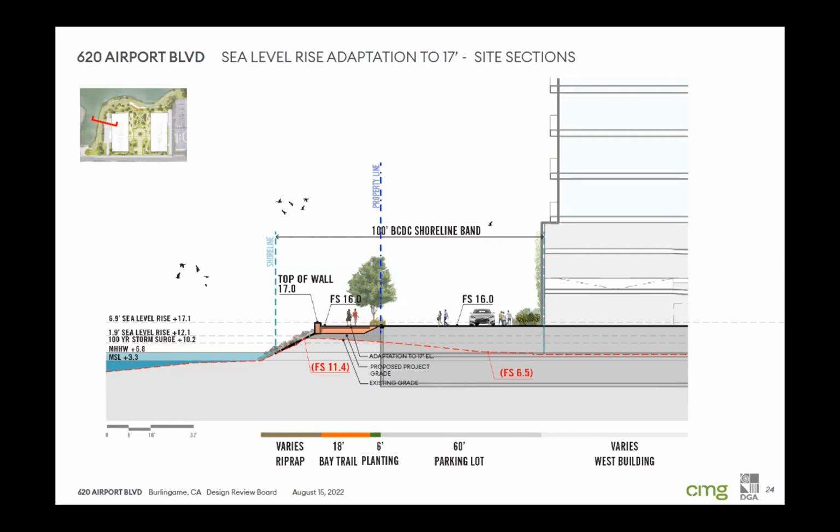We say this, but we really mean it, that we should try and pull as much development, whether that's parking or buildings, out of the shoreline band as possible. And I know that's a challenge because you've got a lot of program to get in there, but these are the results of it.